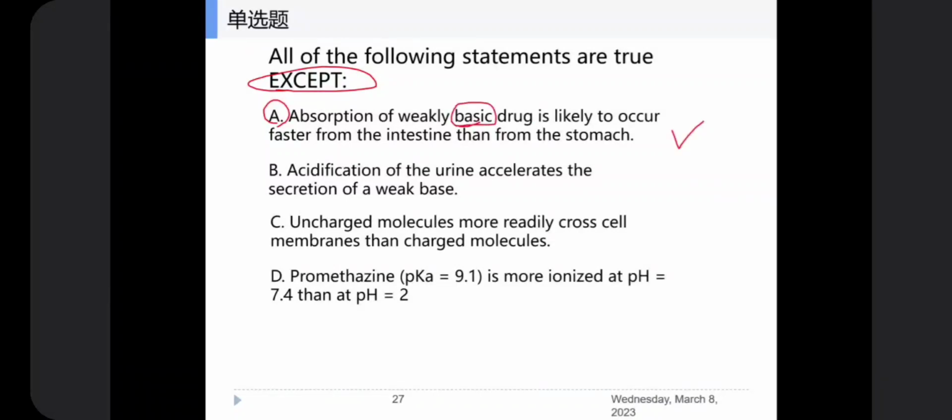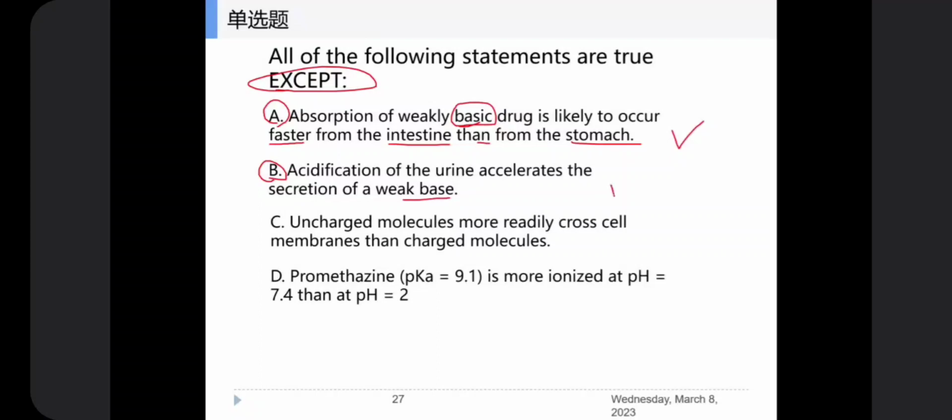I have said to you, a basic drug has more molecular form in a basic environment than in an acid environment. So absorption will become faster in the intestine than in the stomach. So you see, right. The second one, acidification of the urine can accelerate the excretion of a weak base.